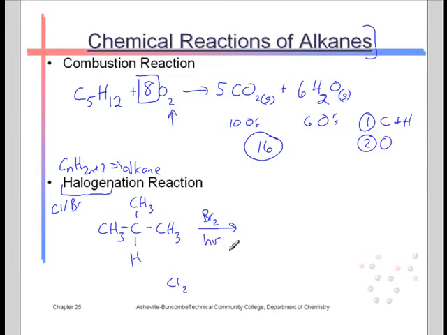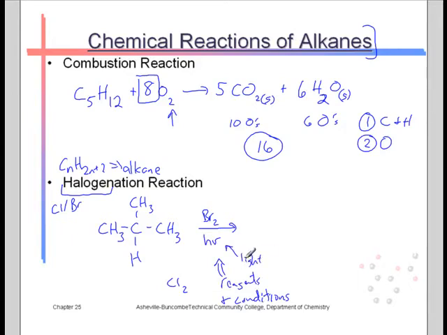Just a comment about the use of the arrow here. This is a little technique that I always use in my organic class. I use the arrow above and below the arrow to establish the reagents and the conditions needed for the reaction. So when you see the h nu there, what that means is that there's light energy being placed into the system.